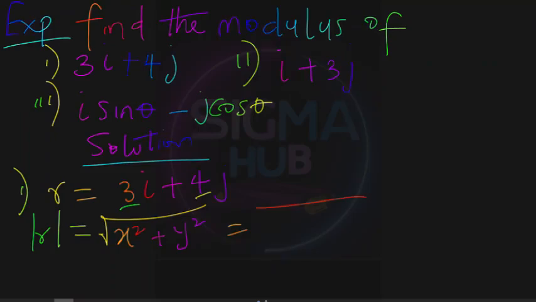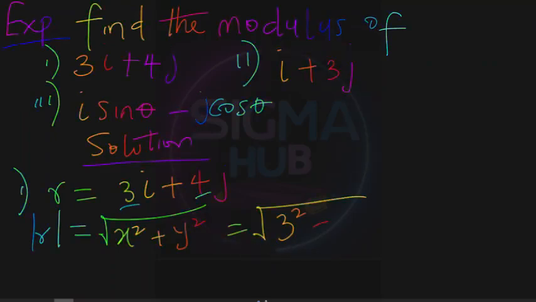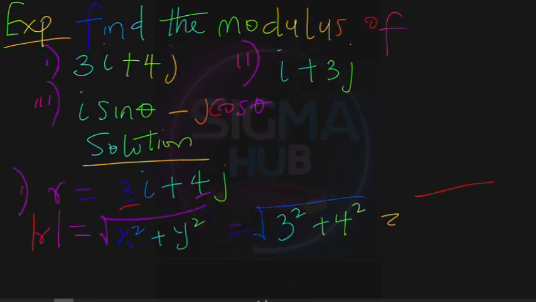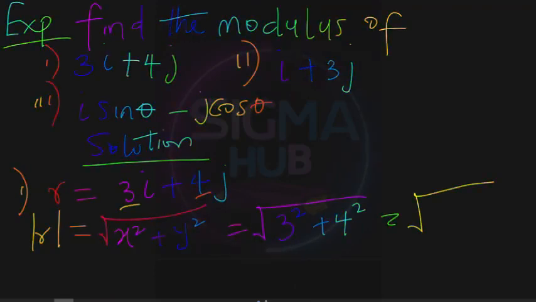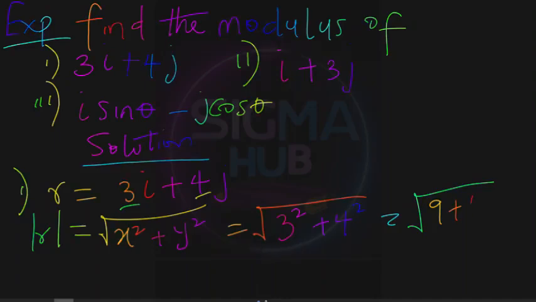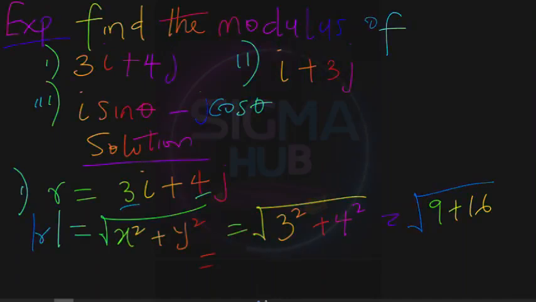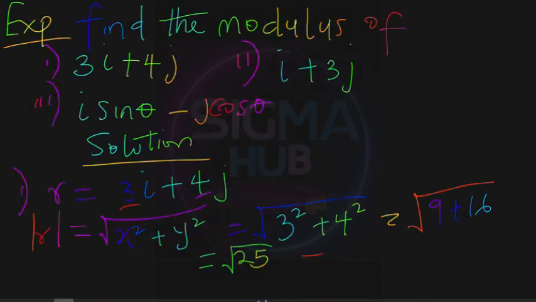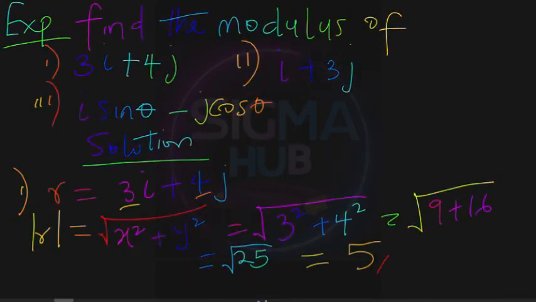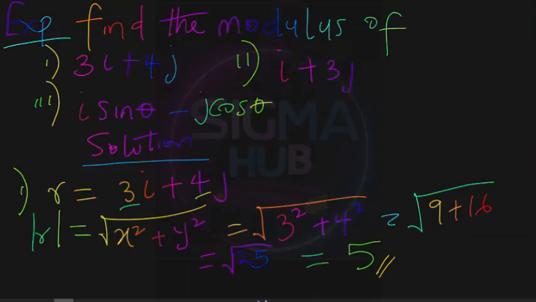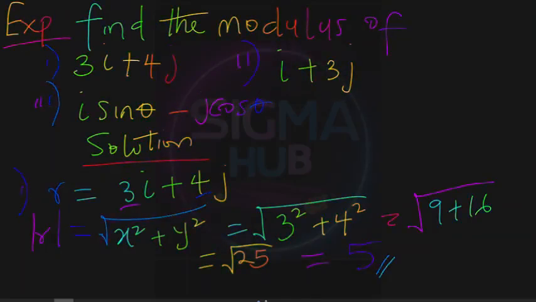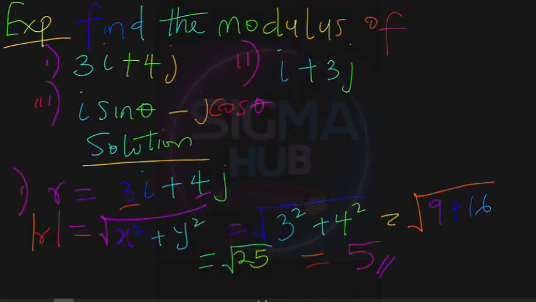That should be the square root of 3 squared plus 4 squared, which is the square root of 9 plus 16. That's the square root of 25. And what's the square root of 25, guys? It's just 5. So the magnitude or modulus for the first question is 5.